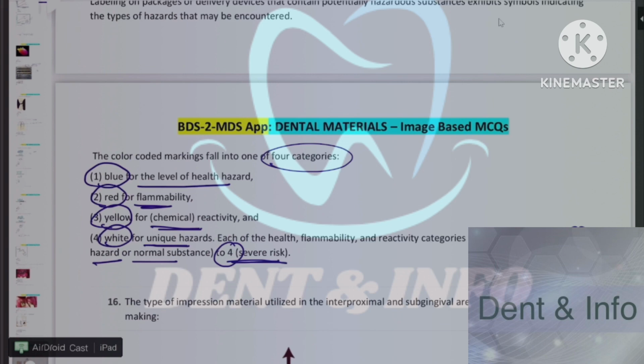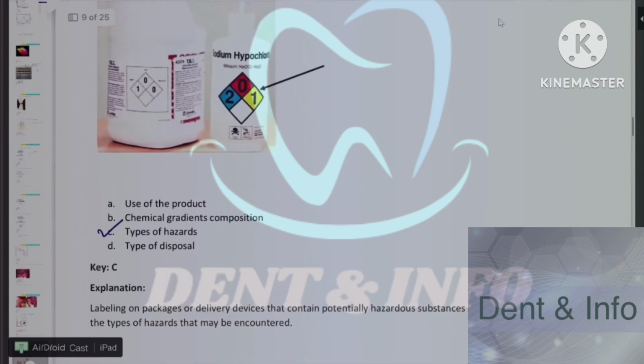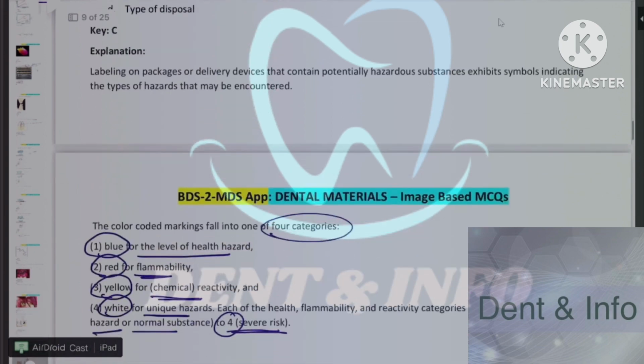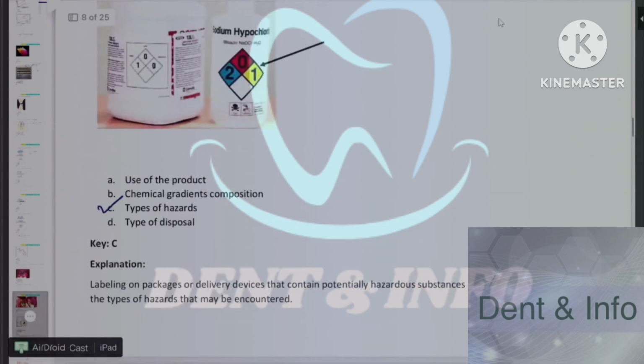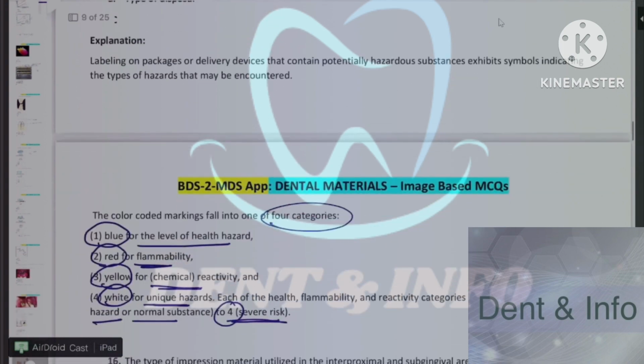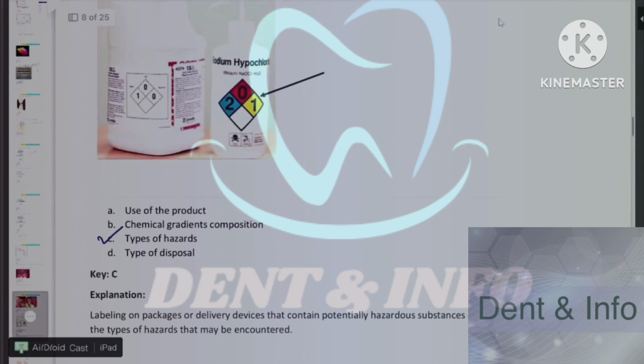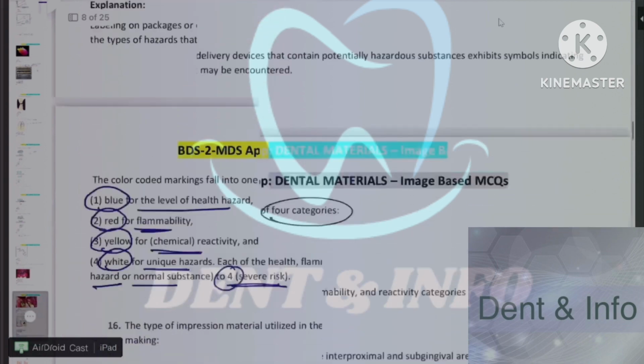Please note down if you have to. As such, this PDF will be there. So it means what? Red is 0, flammability is 0. Blue is 2, it is some moderate. Yellow is 1, chemical reactivity is very mild.